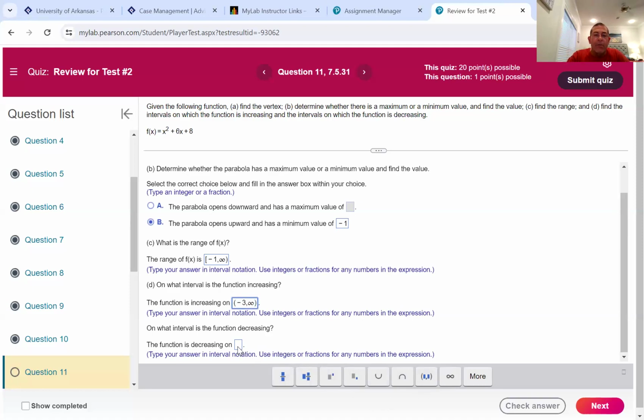And then it decreased on the left side of my graph. So that one came in from negative infinity until our -3. Okay? Notice these will hook up in the long run. So I'm decreasing from negative infinity to -3, and then I'm increasing from -3 to infinity. There's no gaps in it. They sort of hook together, okay?